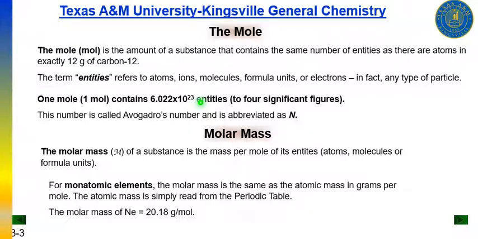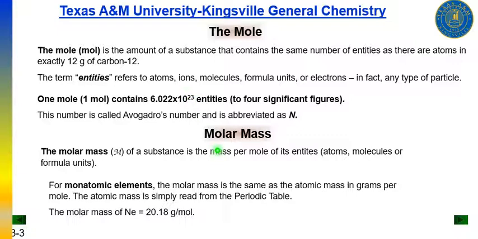Usually I consider it this way, 602 times 10 to 23. This number is called Avogadro's number and is abbreviated as capital N. Capital N represents Avogadro's constant, 6.022 times 10 to 23.